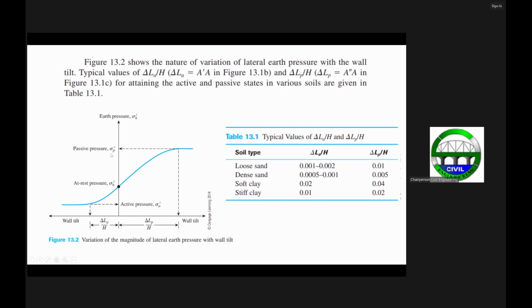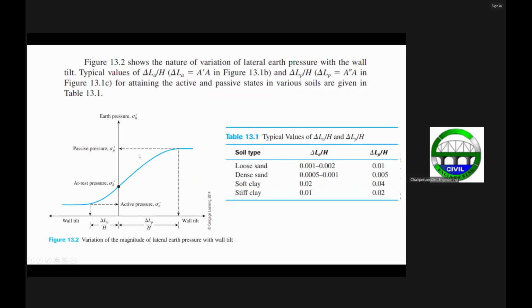If this is the earth pressure at rest, then this is the variation of the lateral earth pressure with respect to the wall tilt considering the passive pressure, while this one here is the variation considering the active pressure.